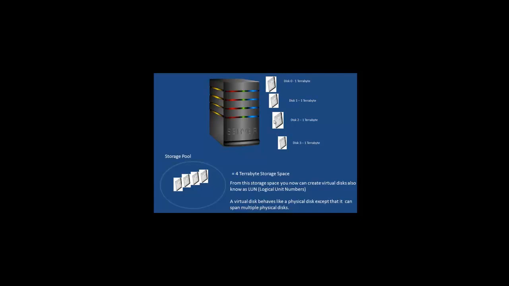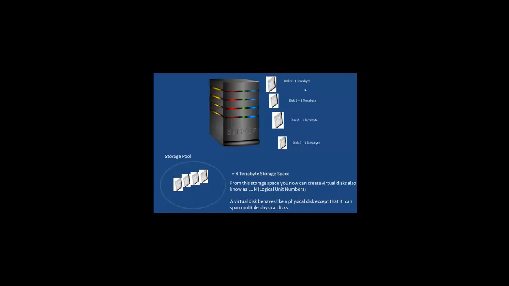What we want to do with those drives is to add those drives to what we call a storage pool. So instead of having access to individual disks, we actually create a pool and we add those 4 disks to the pool.